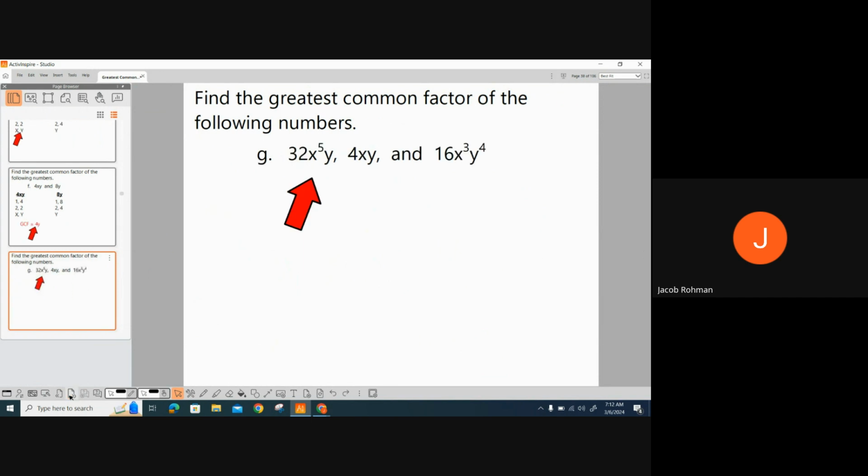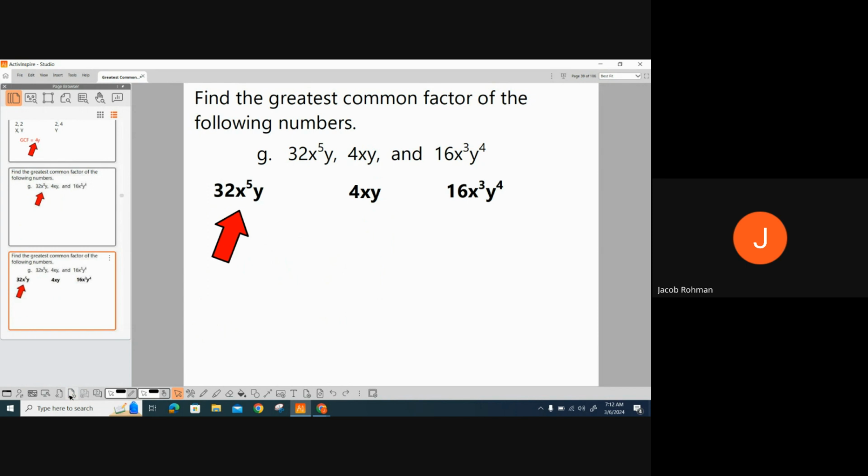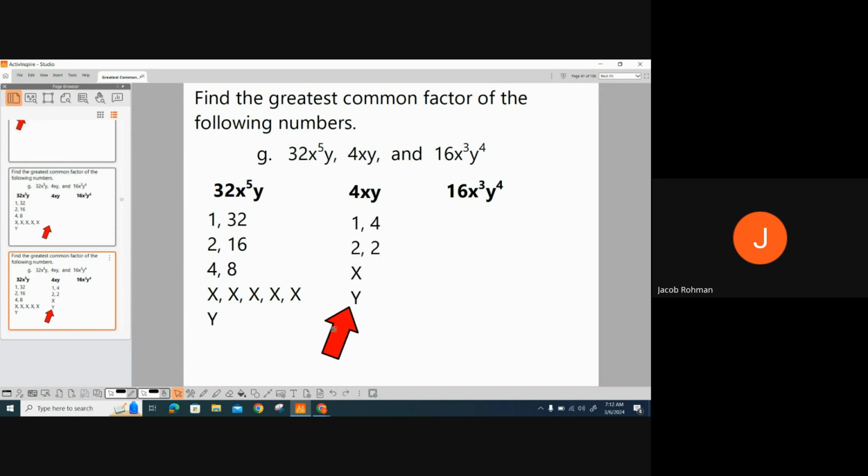Next, letter G, again, we're going to list out all the factors of each of the terms. Starting with the 32x to the 5th y, you would say 1 times 32, 2 times 16, 4 times 8. X to the 5th, remember, is x times x times x times x times x, so 5 x's, and then just the y. With 4xy, we would say it's 1 times 4, 2 times 2, and then x and y.